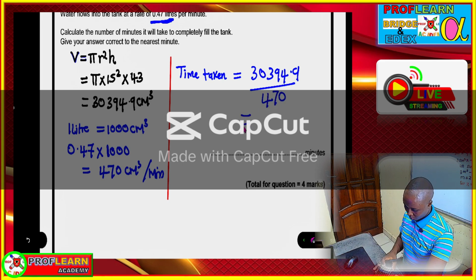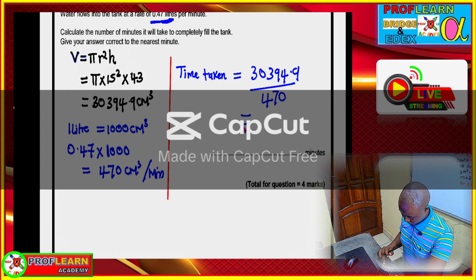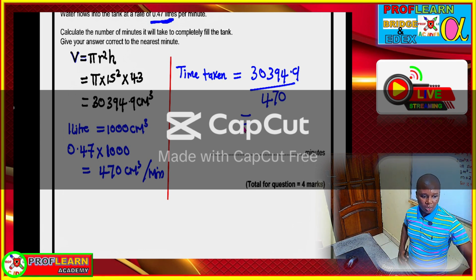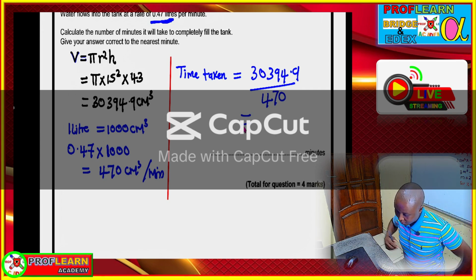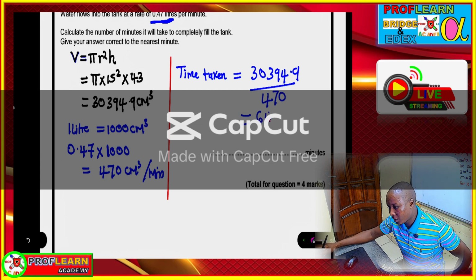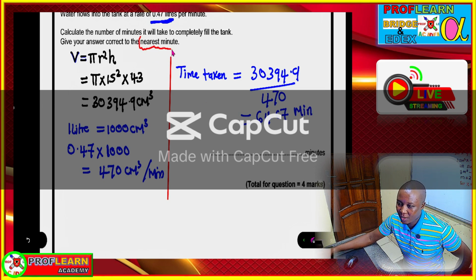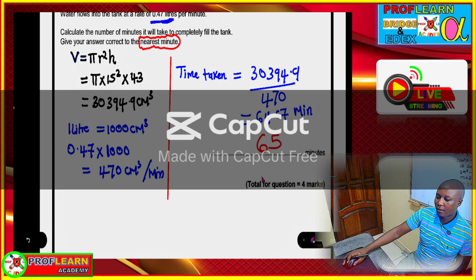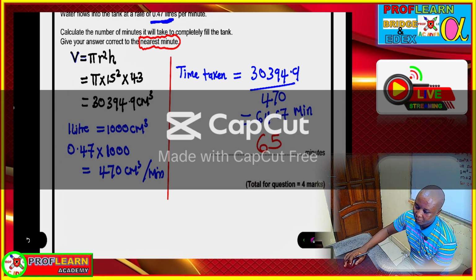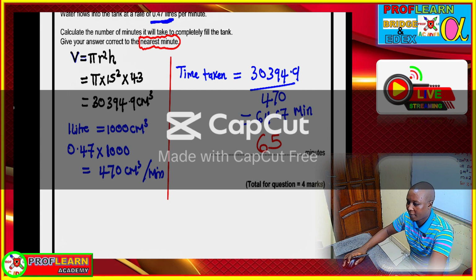If we work it out, you're going to get your answer as around 64.67 minutes, but the question was very clear, to the nearest minute. So that's going to be 65 minutes to fill the cylinder completely. That's what we are going to do at that given point.